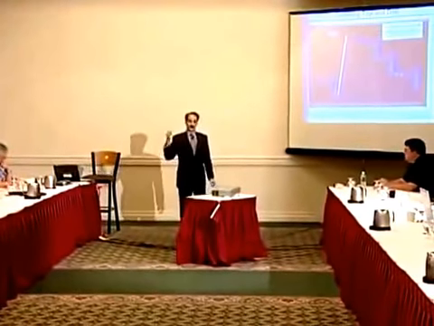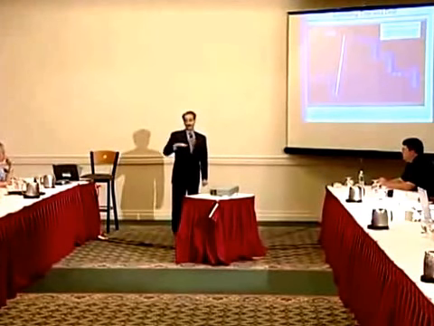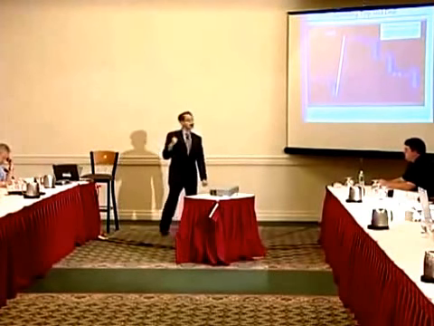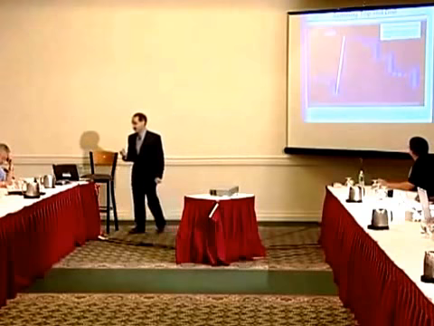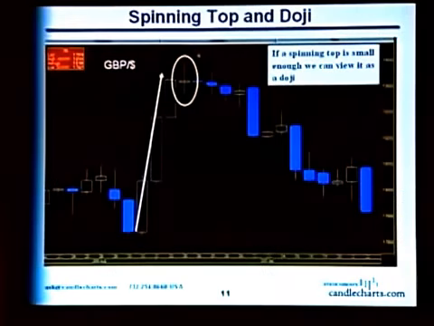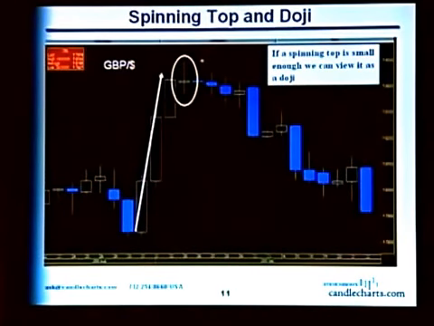What you could do is wait for the next session to confirm it. In other words, a close. Let's say here we have this doji, or a spinning top, and you wanted that extra confirmation. It would be a lower close.